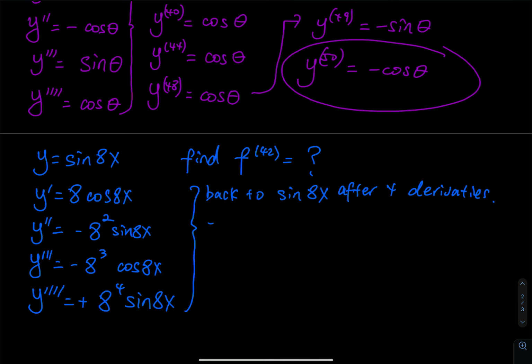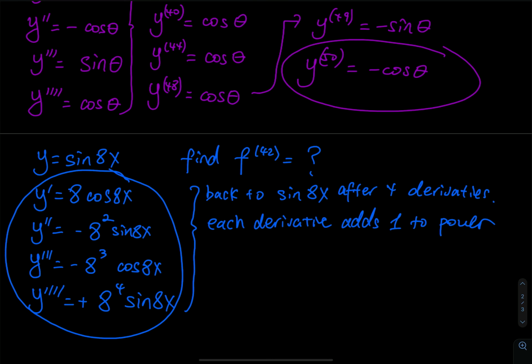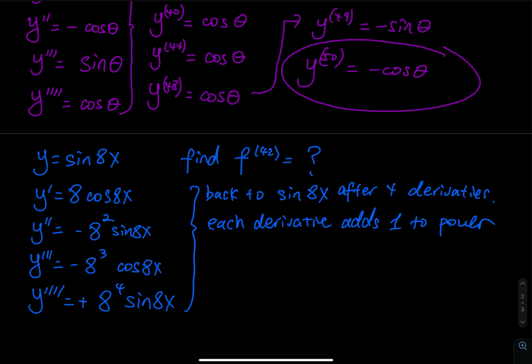And then each derivative adds 1 to the power. What does that mean? When you reach the 40th derivative, you repeat this cycle 10 times, then you will reach the 40th. So at the 40th derivative, you have a positive a to the 40th power times sine of ax.